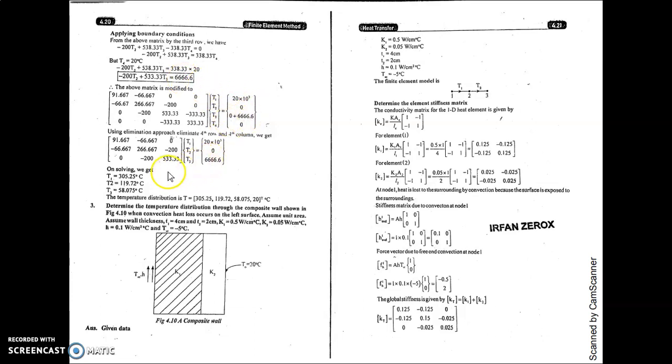So now with the help of calc you can find the T1, T2, T3 values, 3 unknowns, 3 equations. By solving the 3 equations in 3 unknowns, you will get the values of T1, T2 and T3 as 305, 119.72 and 58.075 degrees centigrade. So that's it. This is the second question and a very easy question on the composite wall.